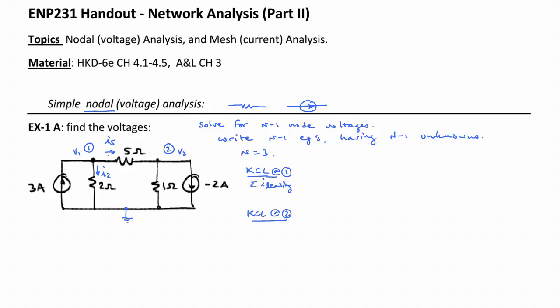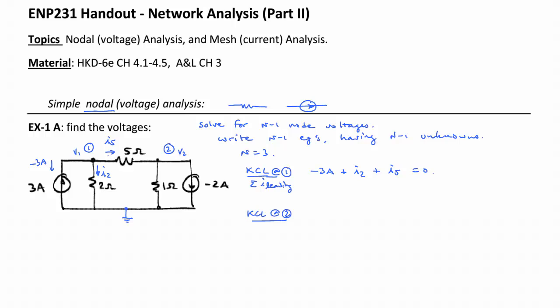You can choose currents entering. So we have minus 3 amps leaving, because we've got 3 amps actually entering. And then I've got I2 leaving through the 2 ohm resistor, and I have I5 leaving through the 5 ohm resistor.